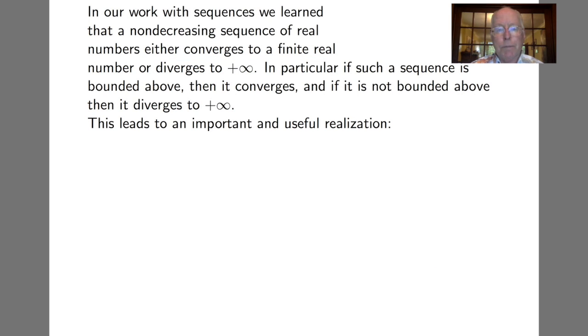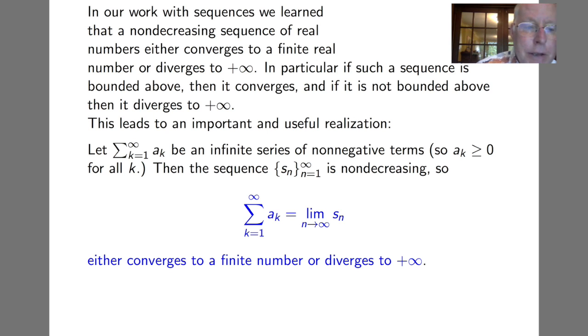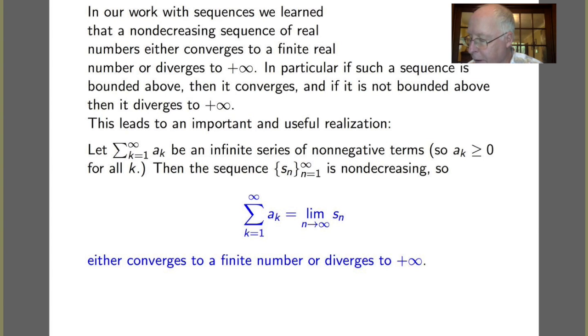So this leads to an important and very, very useful realization for us, and that's this. Suppose we have an infinite series of non-negative terms. So again, the a sub k's are all greater than or equal to 0 for all k. Then the sequence of partial sums, S sub n, must be non-decreasing. So the sum of the series, remember, is the limit of the sequence of partial sums.